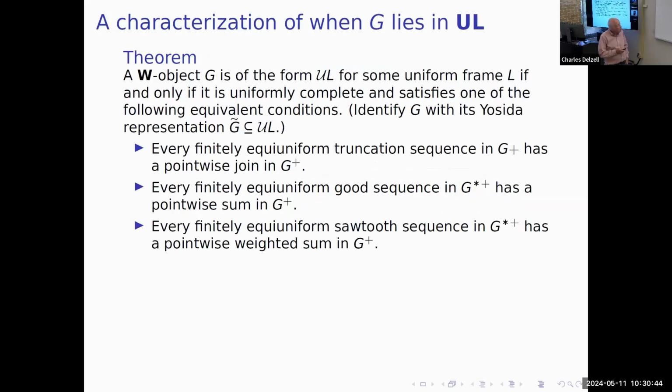And so the theorem is simply that that is the only condition that I have at present for whether a particular subobject of U of L is all of U of L. The condition is simply that every equiuniform truncation sequence should have a pointwise join, or in the case of a good sequence, if it's equiuniform, it should have a pointwise sum, or if it's a sawtooth sequence, it should have a pointwise weighted sum.